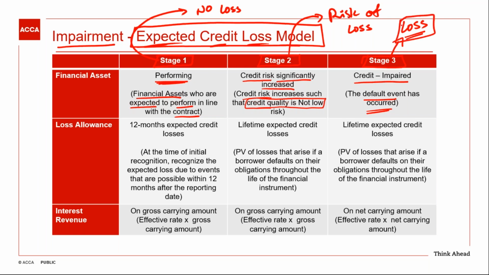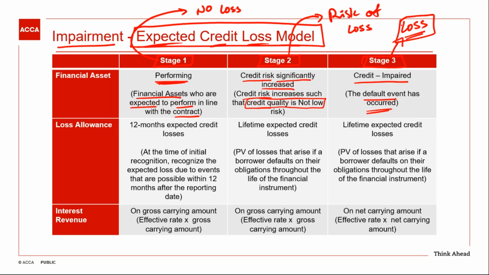So stage 1, everything is good, there's no loss. In stage 2, there is a risk that my asset may default and may result in a loss to me. Like I have given a loan to Mr. A and I'm expecting that Mr. A is in financial difficulty and may not be able to pay me. This is my expectation; Mr. A has not said any such thing.